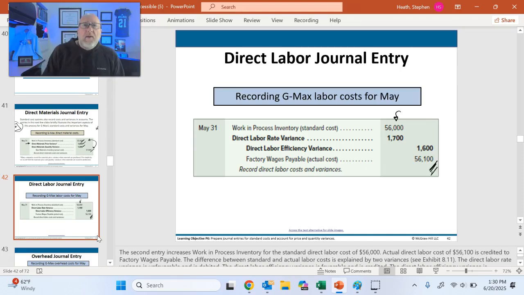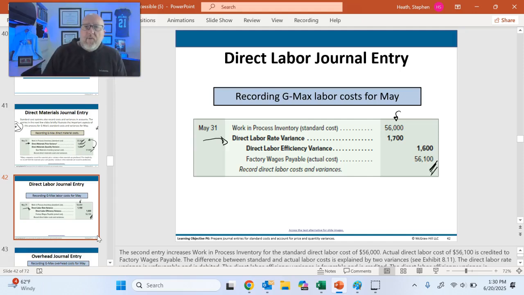But if you were to go look at the detail associated with labor, there are two variances when it comes to labor. There's essentially the price or the rate variance, and then there's the efficiency variance, right? So the rate or price variance is what hourly rate did we pay, and the efficiency is how many hours did they actually use.